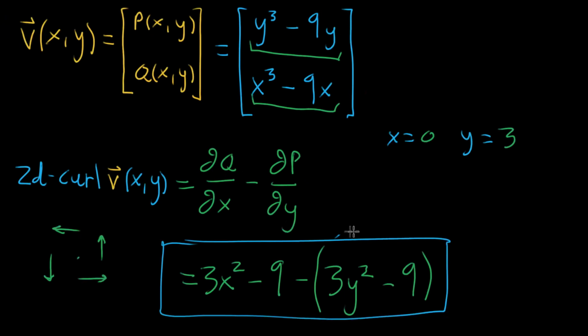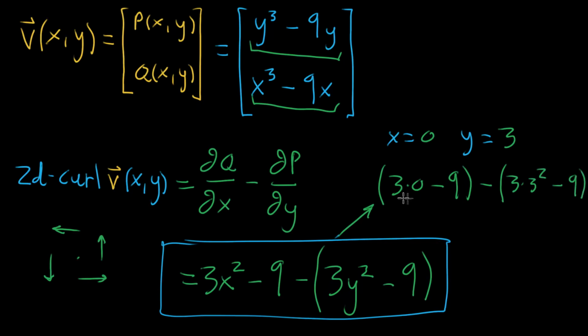We go over here, and I'm going to evaluate this whole function again by plugging in 0 for x. So this is 3 times 0 squared minus 9. And then we're subtracting off 3 times y squared. So that's 3 times 3 squared minus 9.